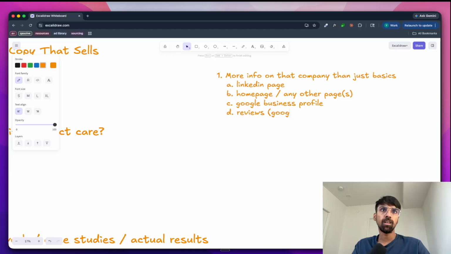Reviews can be from Google or from other sources, for example G2 in the case of tech companies, or Trustpilot if you're reaching out to agencies and stuff like that. So it's pretty easy to actually get more info on any company. If you're reaching out to one decision maker per company, you can use the relevant info about the company for that decision maker. If you're reaching out to multiple decision makers at a big company, then it's a little bit more involved.